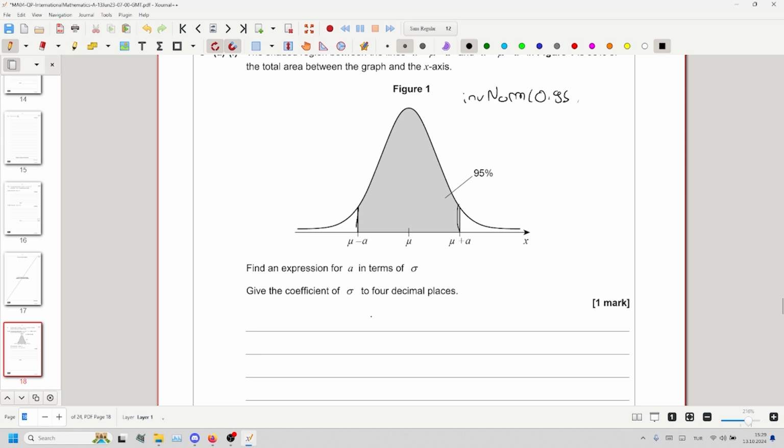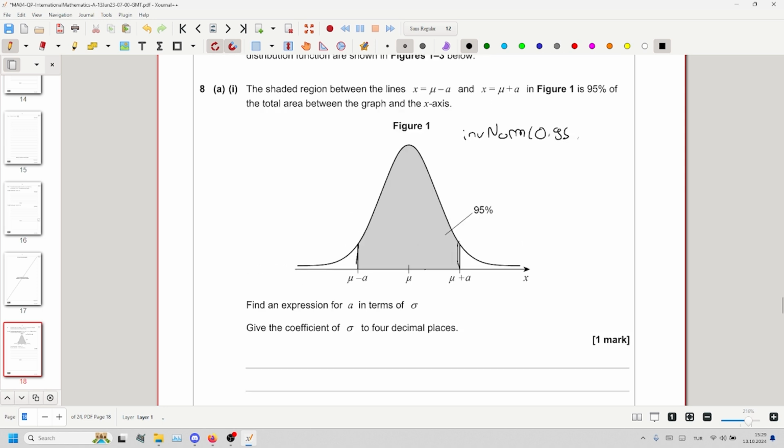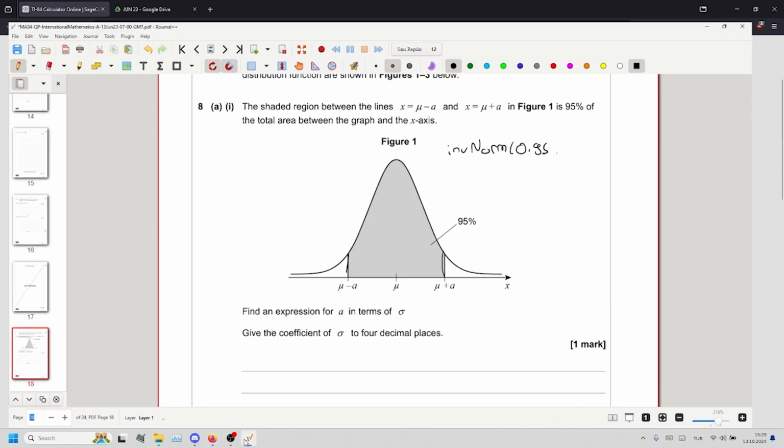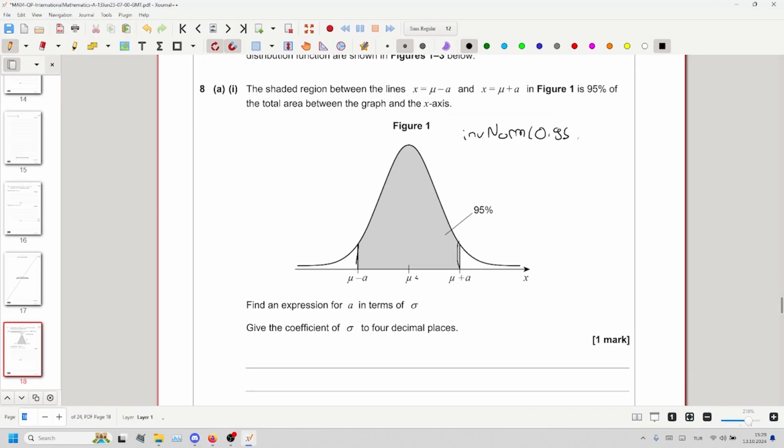Oh no, hold on. It asks us to find what A is in terms of sigma. So in this case, our mean was 0, so this value is going to be 1.96 sigma, or times 1, but for any given sigma it would be 1.96 times sigma.